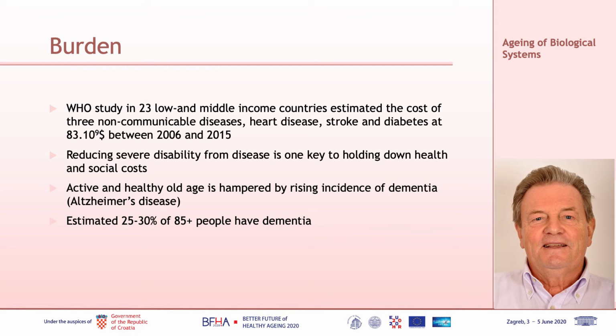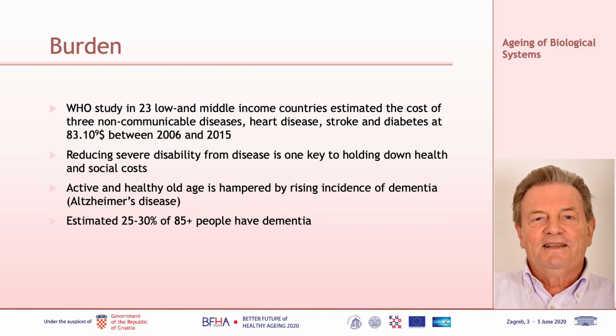Another burden is that the non-communicable diseases will increase enormously in low and middle income countries. And the WHO estimated that the cost of 3 diseases like heart disease, stroke, and diabetes is about $83 billion between 2006 and 2015.